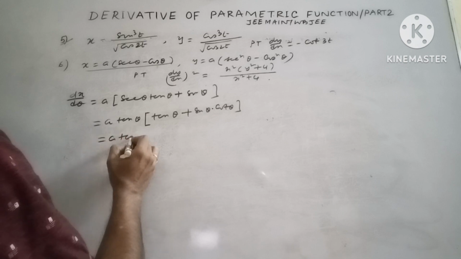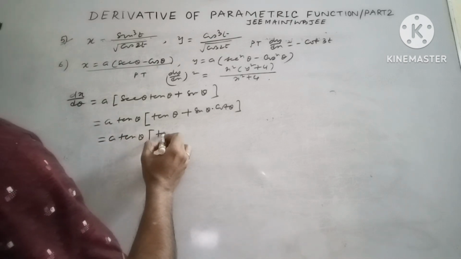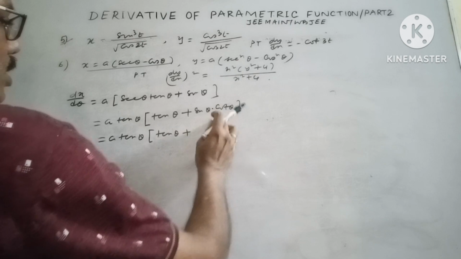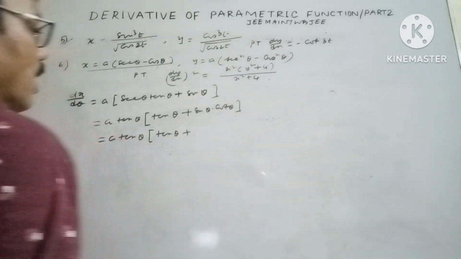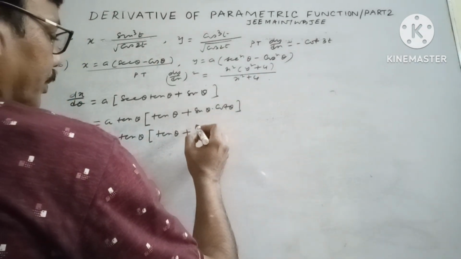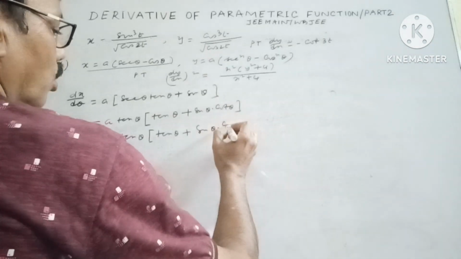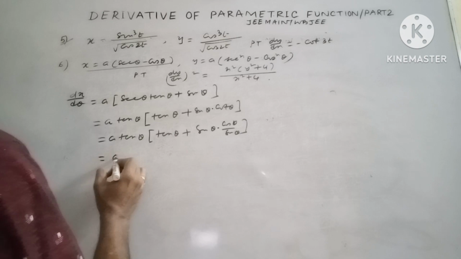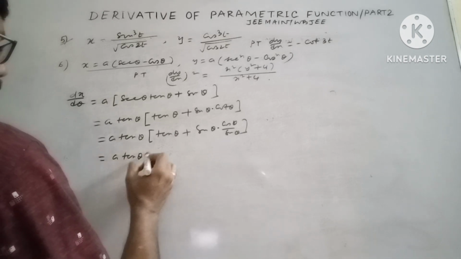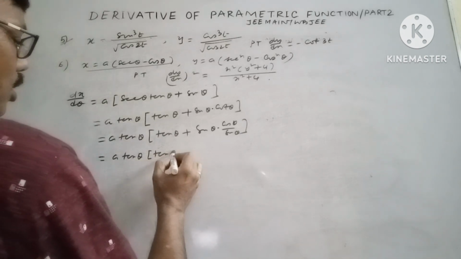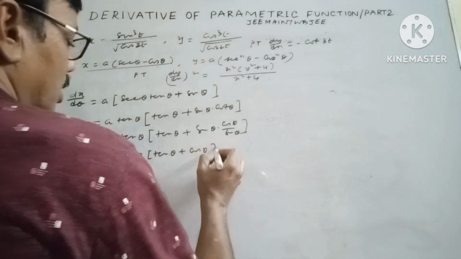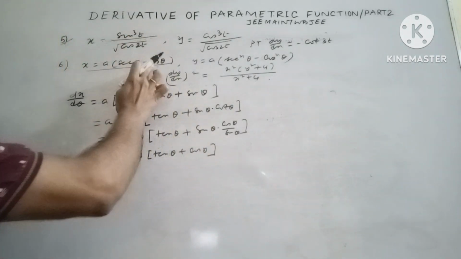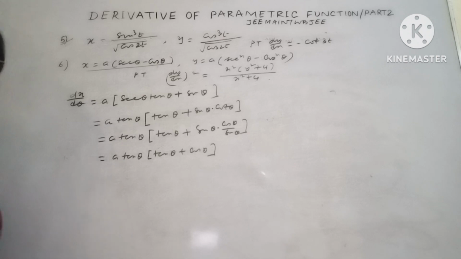Cot is cos by sin, so sin theta into cos theta by sin theta. So we are getting tan theta into tan theta plus cos theta. So this is our main aim. Here it is minus, it is plus.